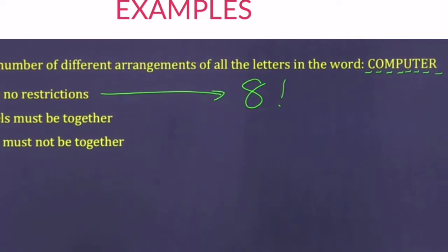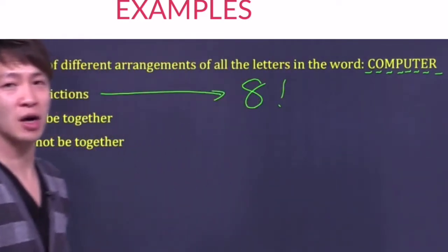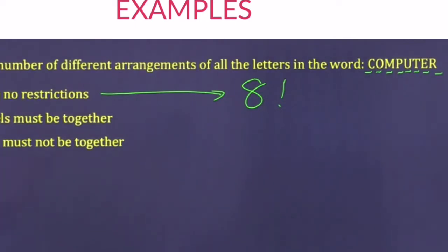Next. Now, check this out, guys. For the second question, now, the vowels must be together. In English, out of 26 letters, how many vowels do we have? We have 5 vowels, right?